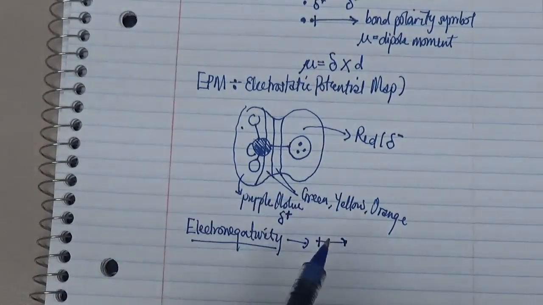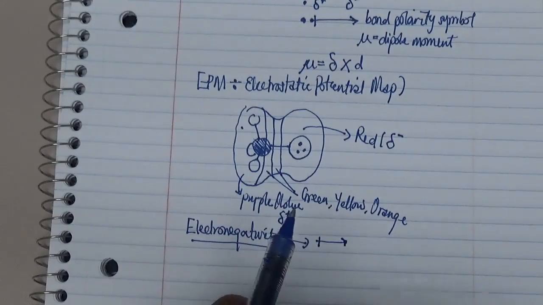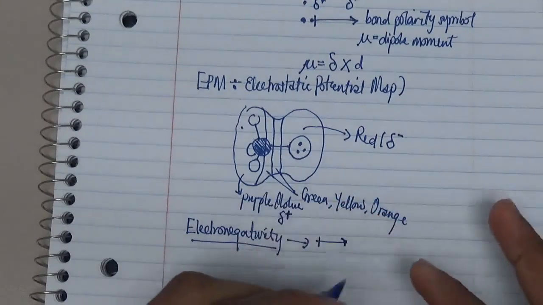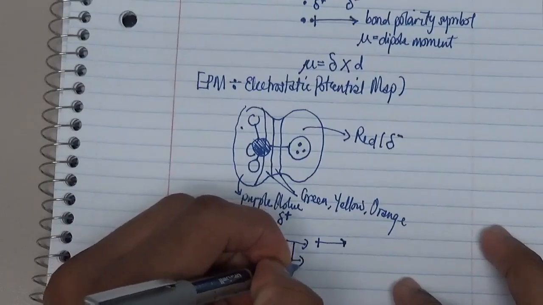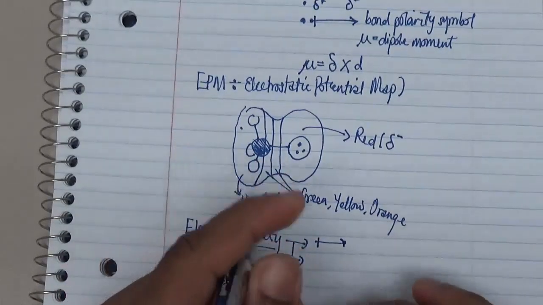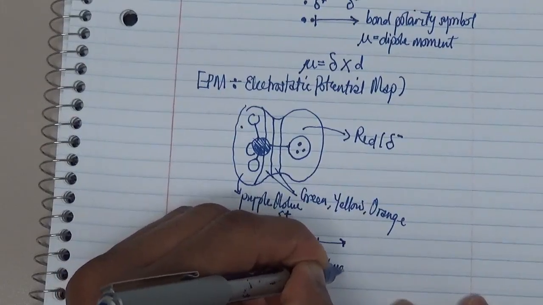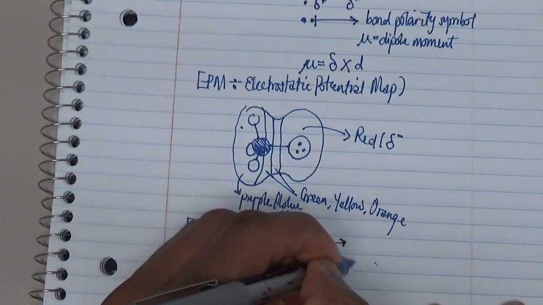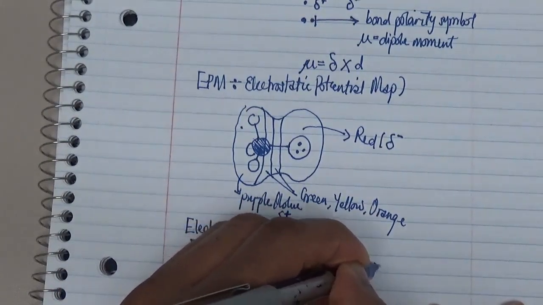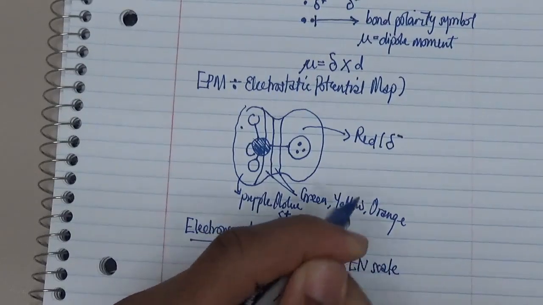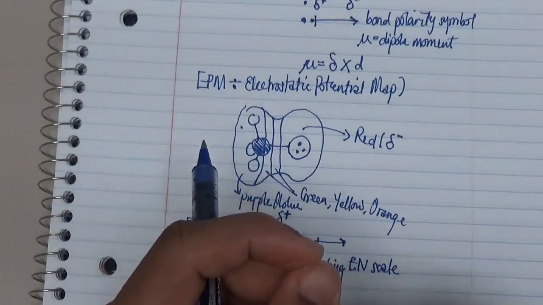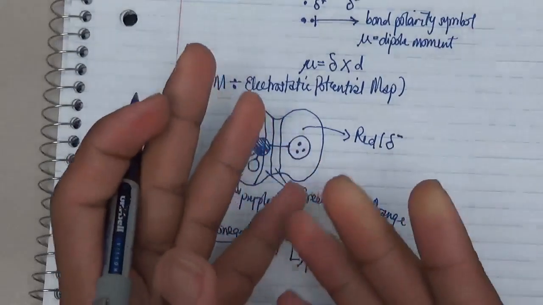We have a particular scale which we mostly use to determine this concept properly. One of these scales is the Pauling electronegativity scale, and this scale enables us to predict the polarity of a covalent bond.